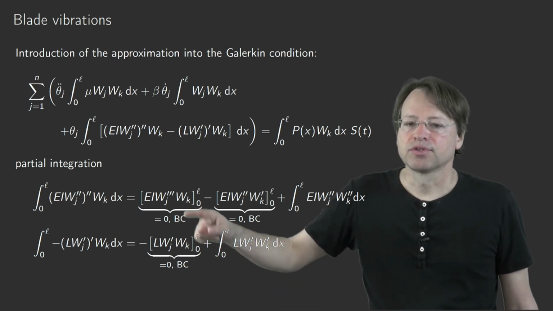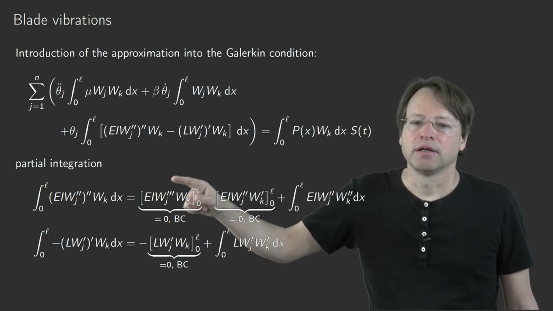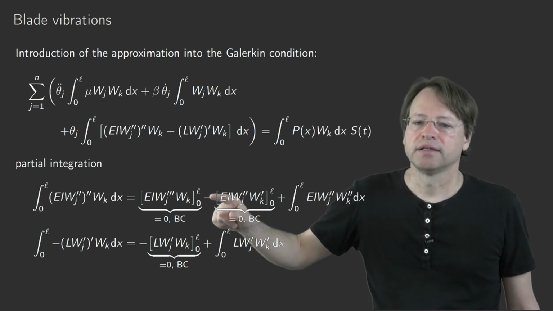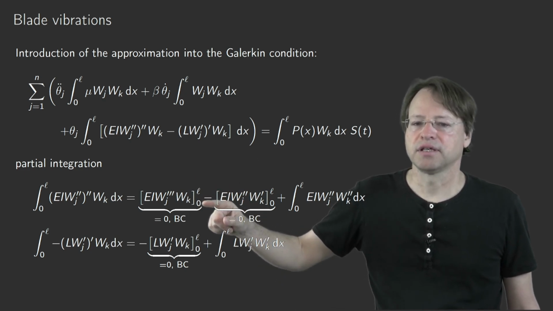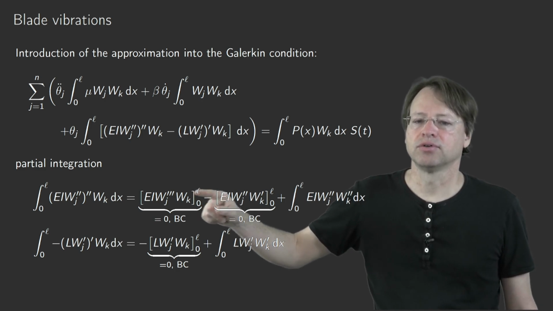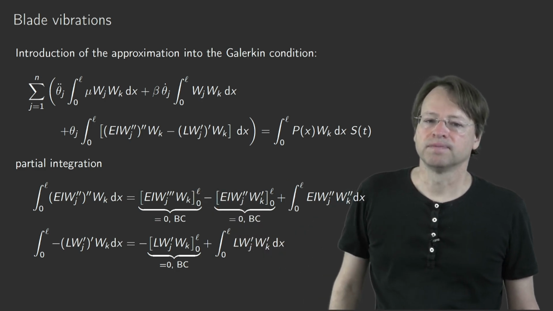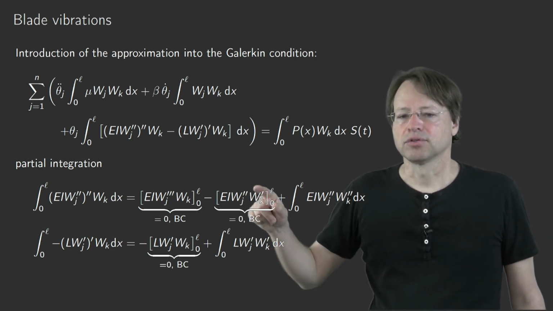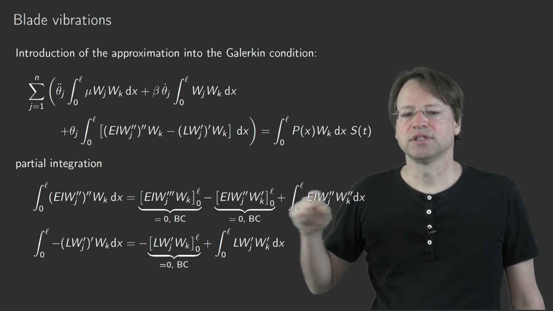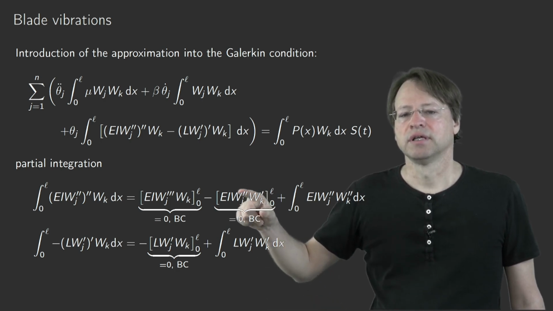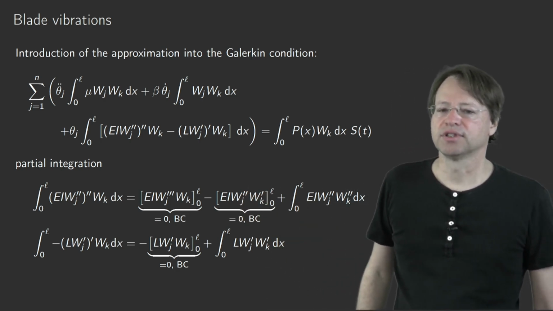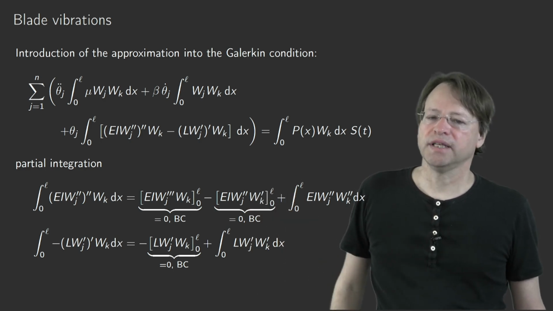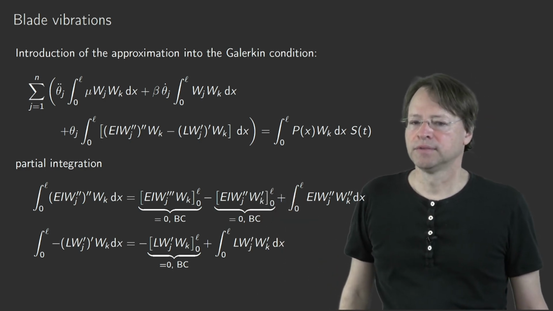So for the first one, we see that at the free end, the third derivative is equal to 0, and at the clamped end, so at x equal to 0, wk is equal to 0. For the second part, we see that also the first derivative is equal to 0 for x equal to 0, and the second derivative will vanish for x equal to L.